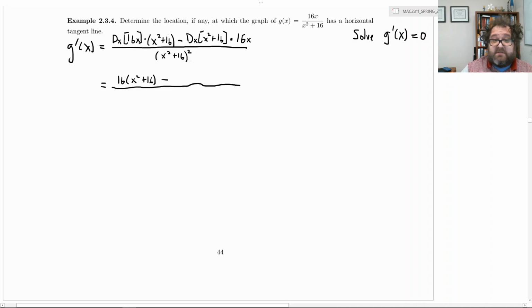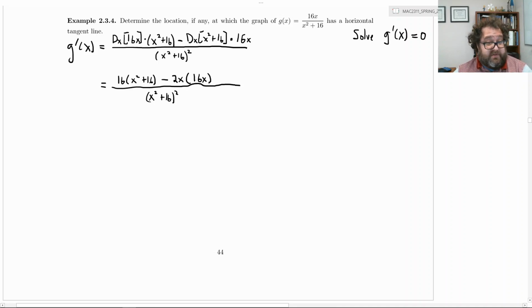Derivative of 16 is 0. So that's going to give us 2x times 16x. Okay? All divided by x squared plus 16 squared. There's really nothing to do on the denominator. No reason to expand that or anything.